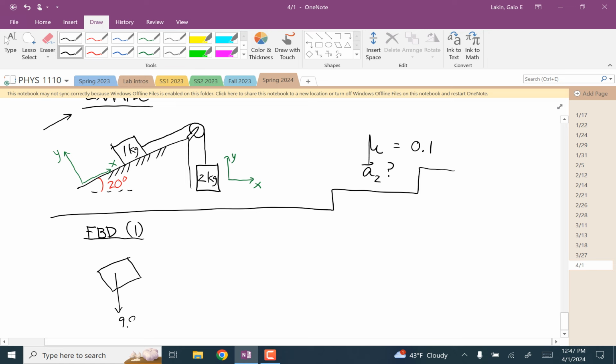There's a weight of 9.81 newtons. There's a pushing force from the ground of N. There's a friction force opposite the direction of motion that's equal to 0.1 N. And then the only other force on this is the cable force T.